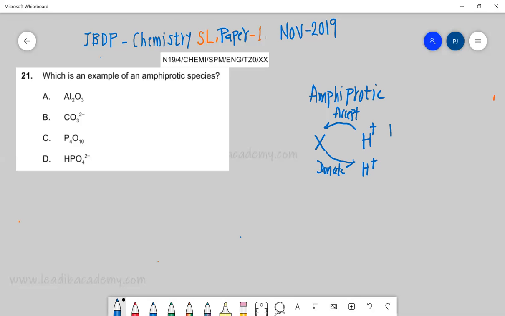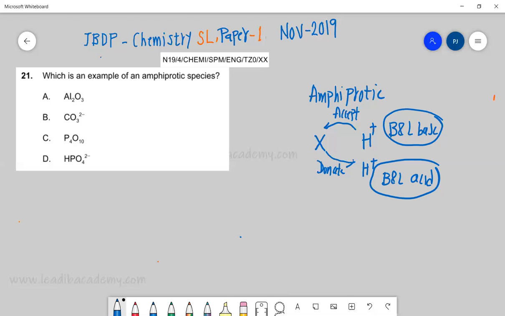Accepting a proton means it is acting like a Bronsted and Lowry base. If it is donating, it is acting like a Bronsted and Lowry acid. Simple. So the important part is that it is acting like both acid and base together, as per the Bronsted and Lowry definition, in terms of accepting and donating the proton.